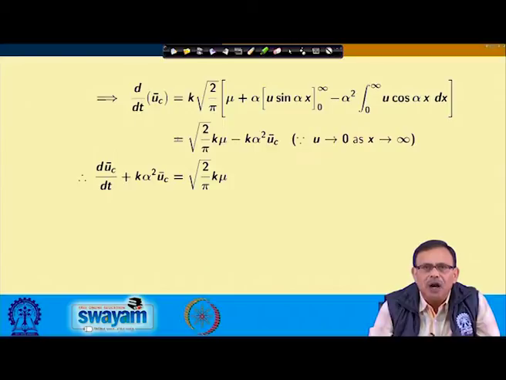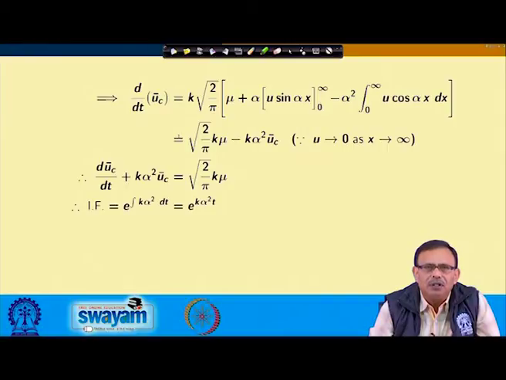Please note that using the Fourier cosine transform, the given second order PDE is transformed into a first order ODE. This is the first step, where you convert the second order PDE into a first order ODE, and the solution of this I can find.